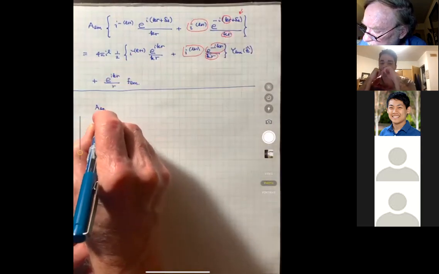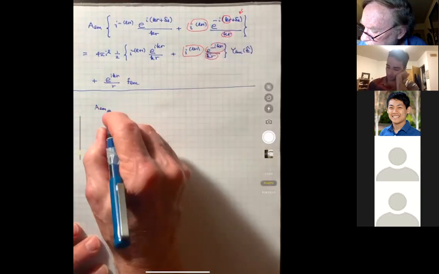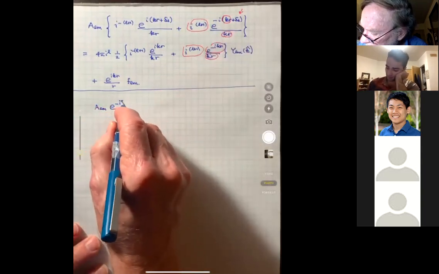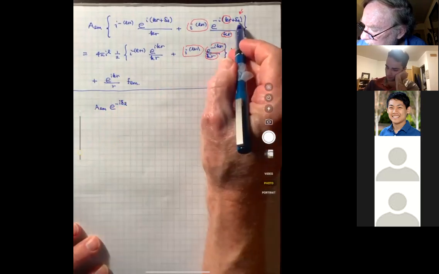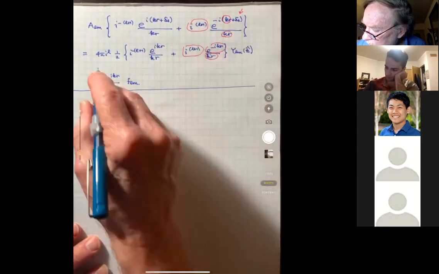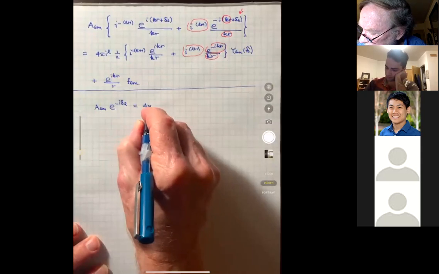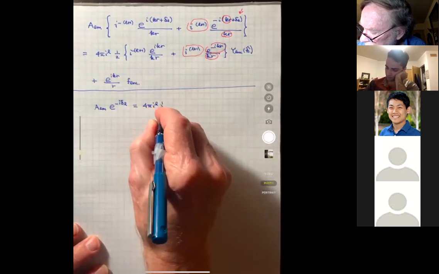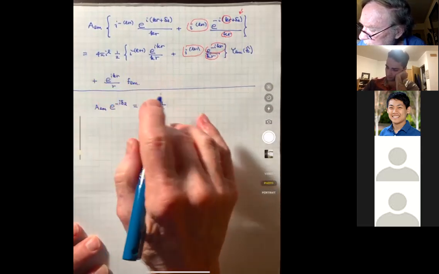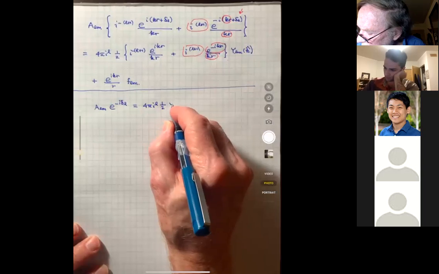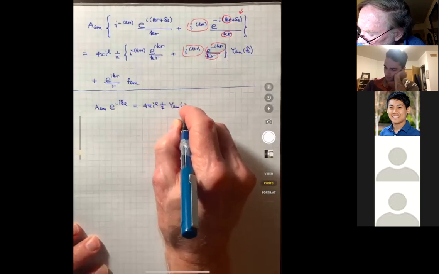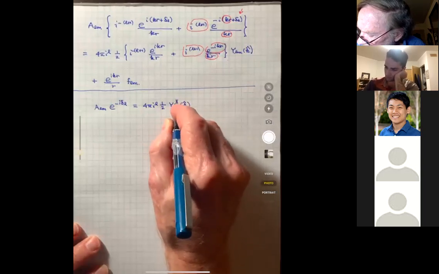We get ALM, and then copying what's left over, we get e to the minus i delta L from that phase shift, is equal to, on the right-hand side, 4 pi times i to the L times 1/2 from there. And then what's left over is the YLM of K hat complex conjugated.